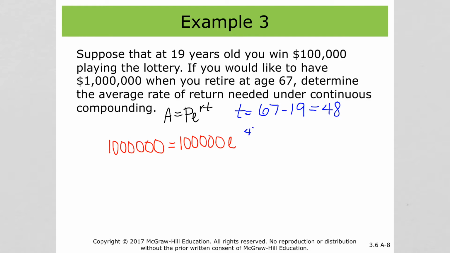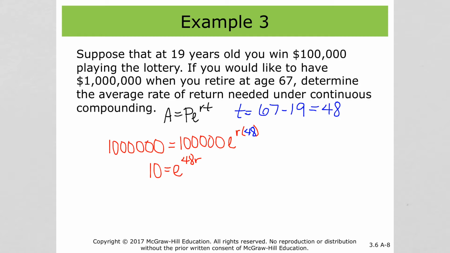So t is 48, and we want to know r. So we need to solve this for r. Divide both sides by 100,000 and we're going to get 10 equals e to the 48r.